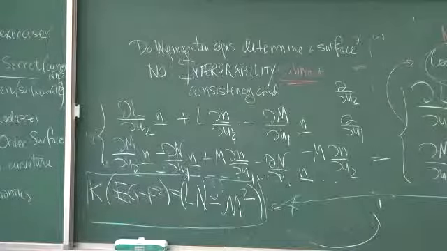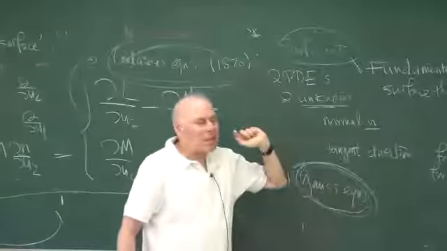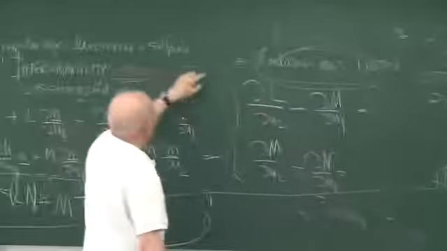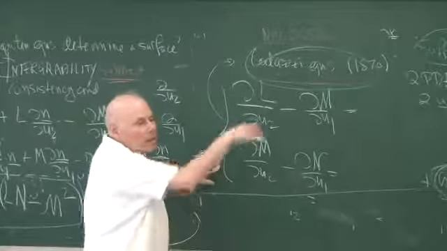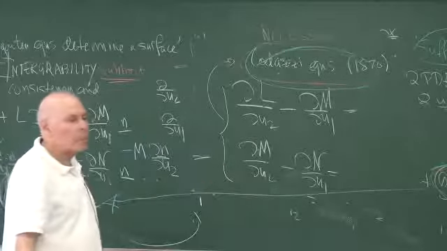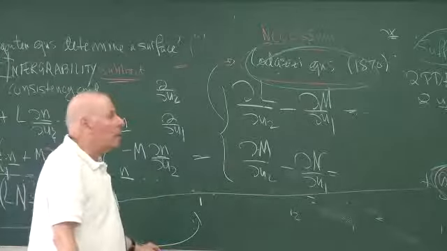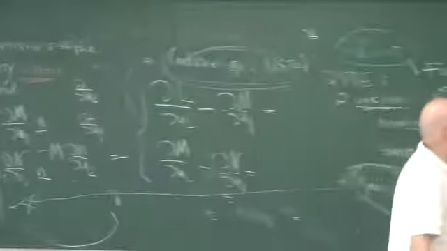Once you've satisfied the necessary conditions, the system of PDEs that I wrote down, the Weingarten equations, which we erased, were integrable, and then you can just go back. You know L, M, and N. In fact, here it is.